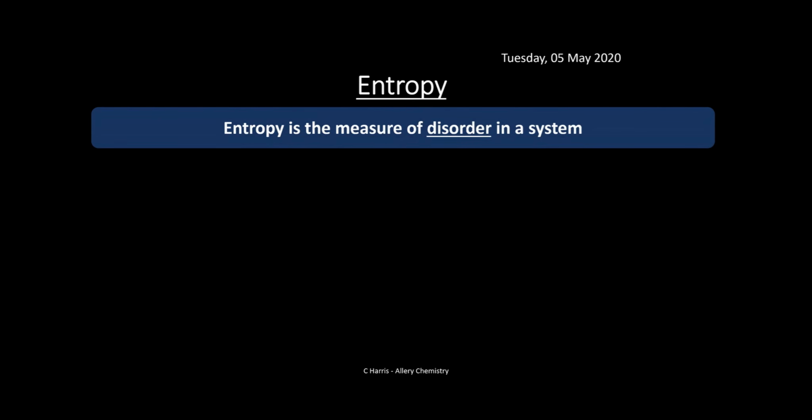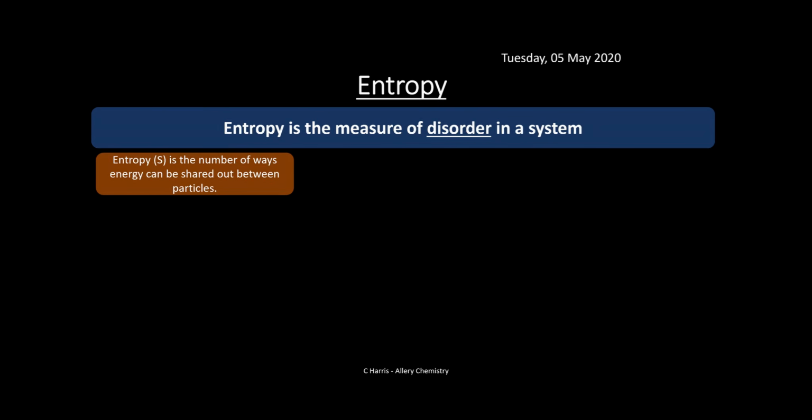Entropy is a very strange thing. It has some very weird terminology, but entropy is a measure of disorder in a system. It's a measure of disorder, nothing criminal here, of course.